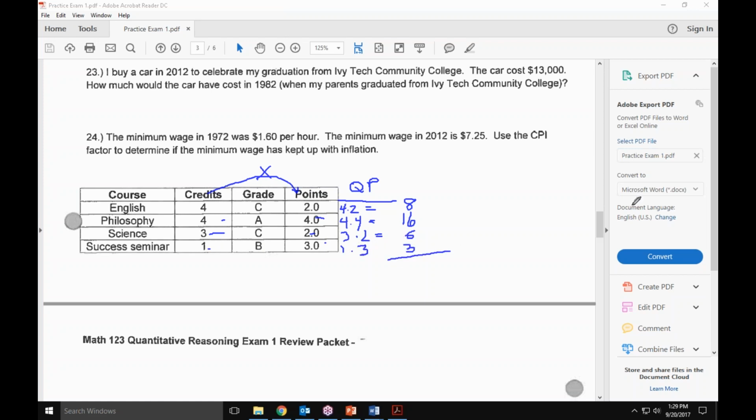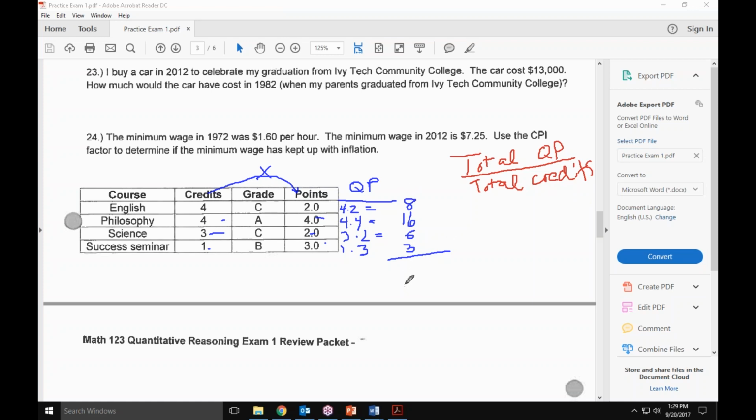Now, anytime we're doing a weighted average, we have to total things. Your GPA is calculated by your total quality points, which always goes on the top, divided by your total credits on the bottom. The more points you can earn in the fewest credits gets you the highest GPA.